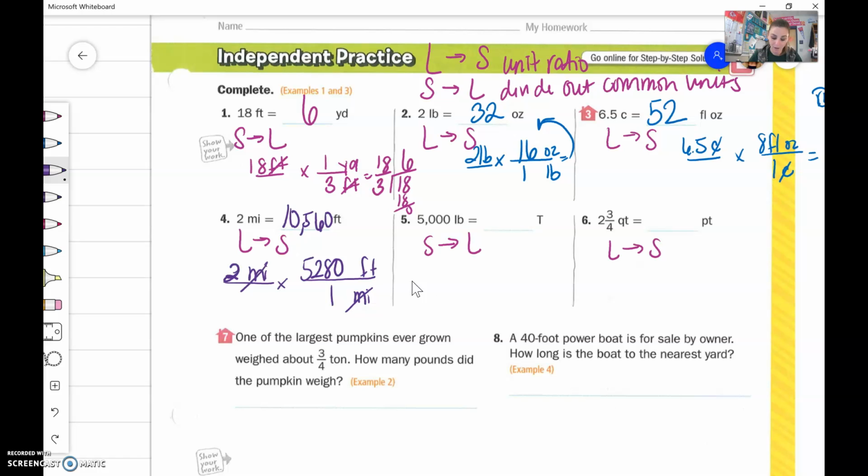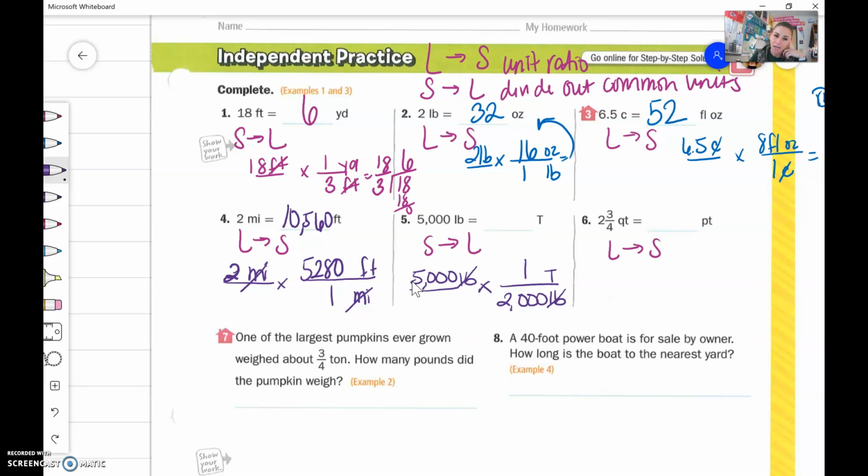The next one, I'm going from pounds to tons, so I'm going from smaller to larger, and I know that I have 2,000 pounds in 1 ton. So I have 5,000 pounds times 1 ton over 2,000 pounds, from small to large. I've got to divide out my common units. Now I am left with 5,000 over 2,000.